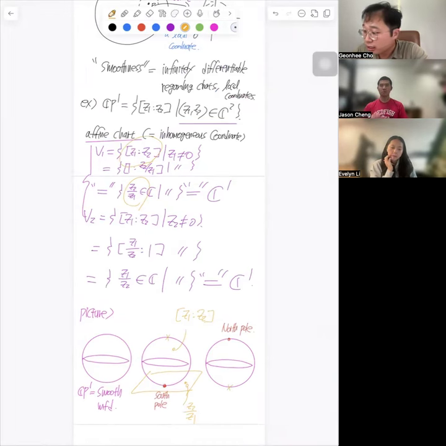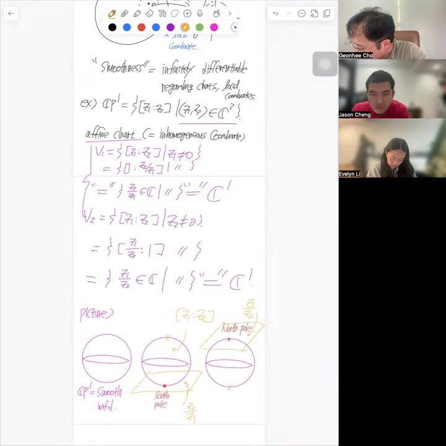Can you get that? And if you start from the North Pole, then you also get another plane. Then you have the complex value given by Z1 over Z2, which is the same as Z1 versus Z2. These are just concrete examples of the chart that we simply call the affine chart. So let me just repeat.